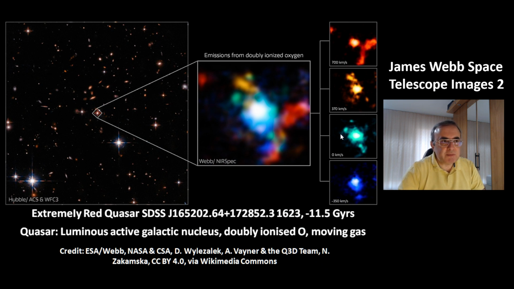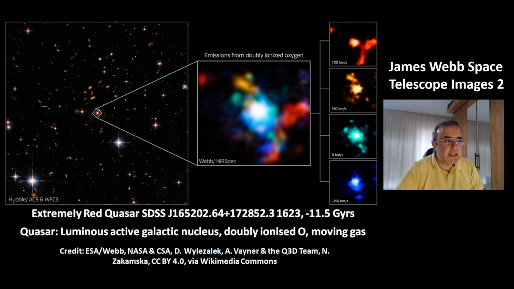The gas cloud expands in all directions. That's why some of the gas is moving away from us at 700 kilometers per second, and some of the gas is moving towards us at a speed of 350 kilometers per second. And this is a picture of the galaxy from 11.5 billion years ago.